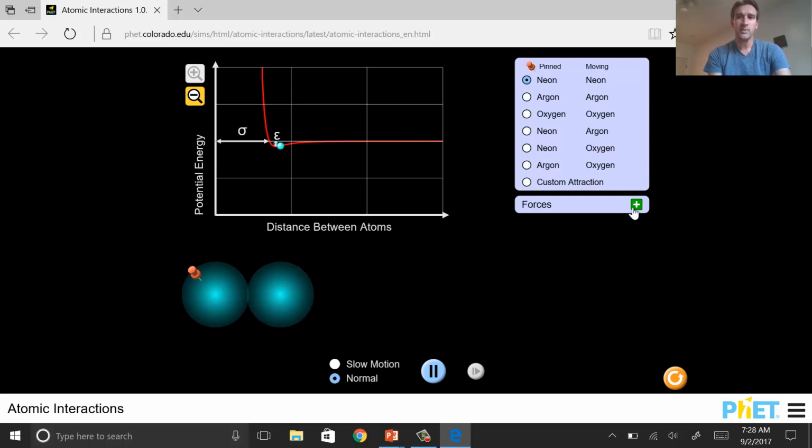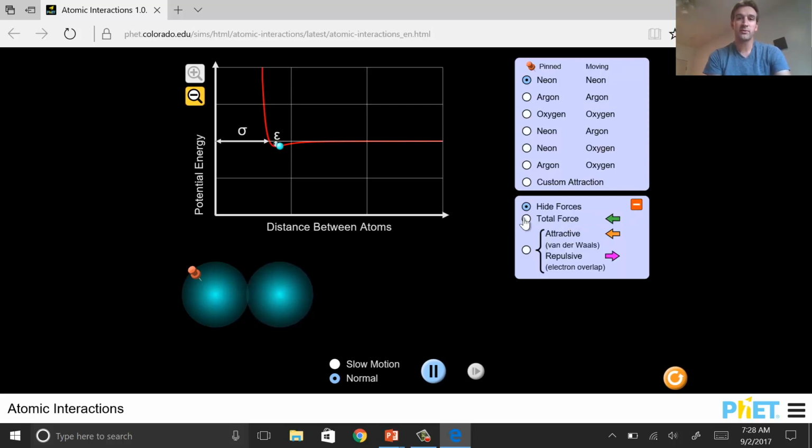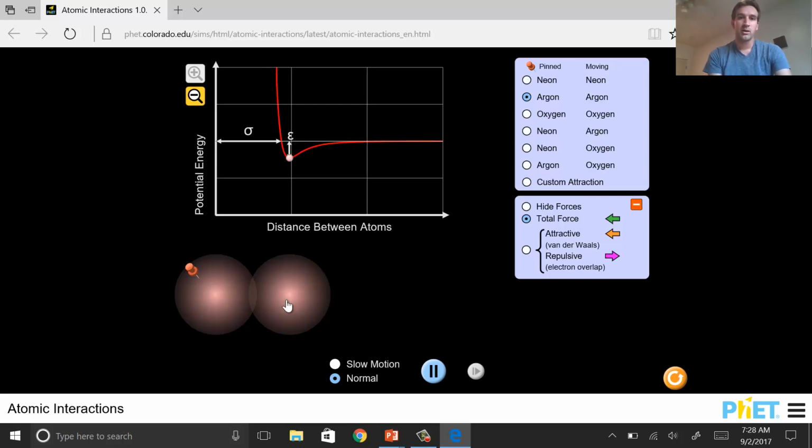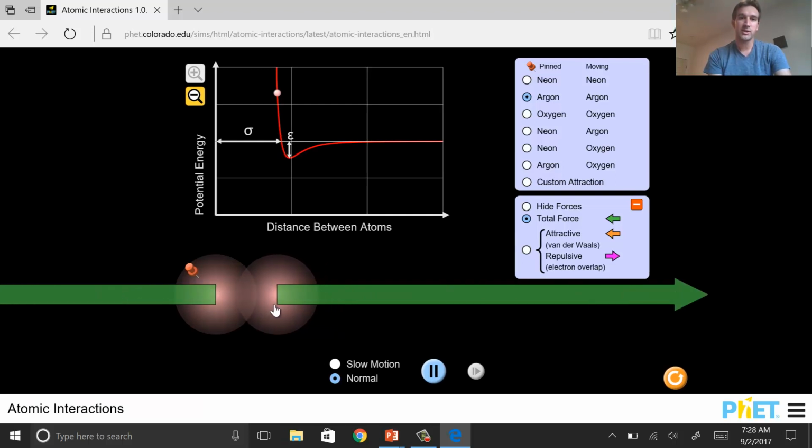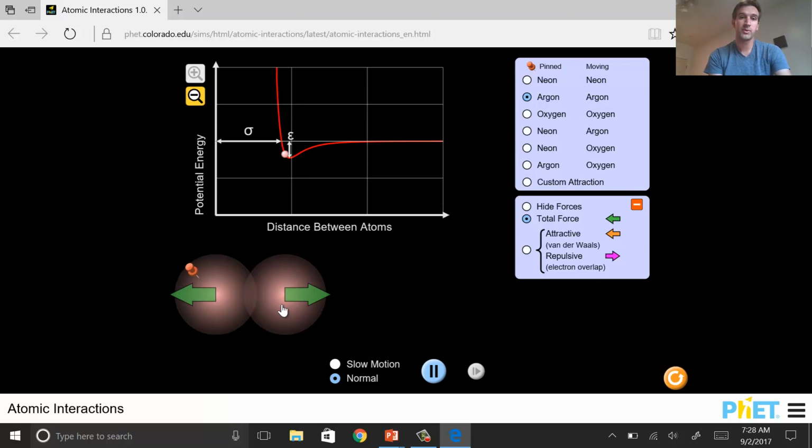Now, if we look at the specific forces, you can see that we have a total force. It's really small in this case, but if I switch it to some other atoms, let's say argon, as I drag these apart, you'll see we have some attractive forces that get stronger as they get close together. But then once they get together, these strong repulsive forces are going to take hold.